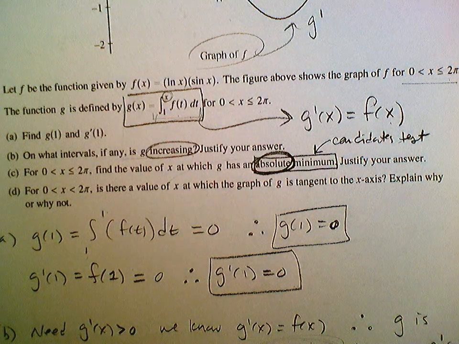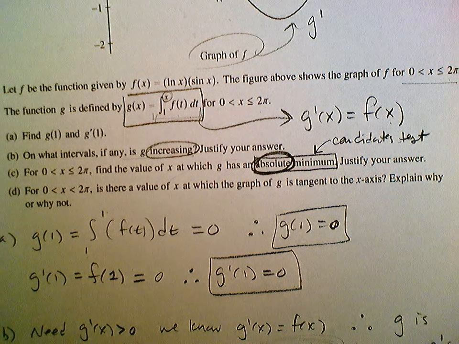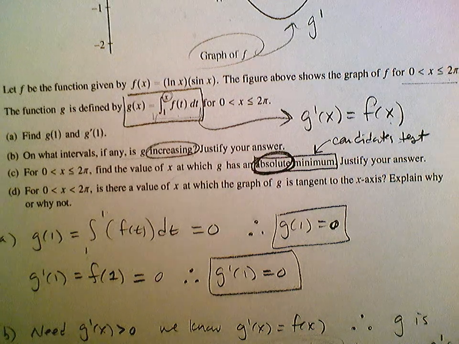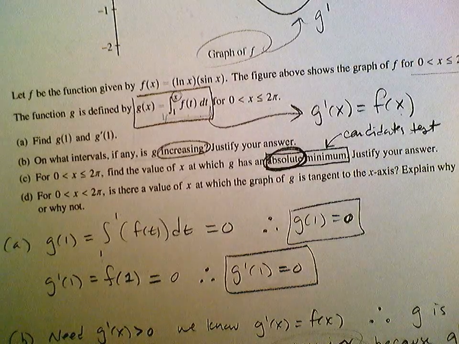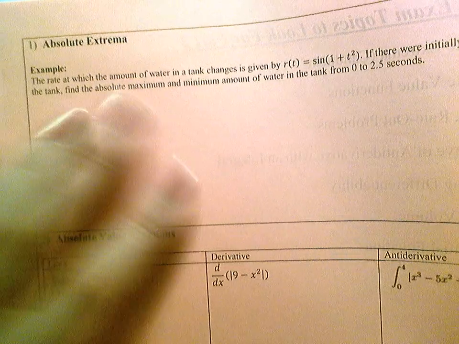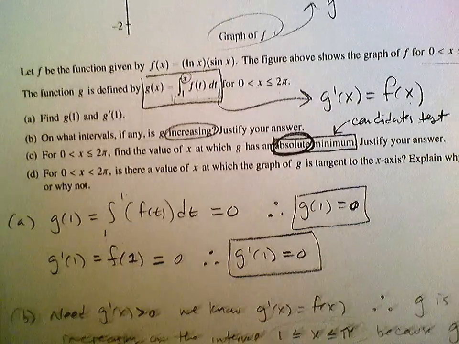And when I made these packets, I really tried to just focus on the things that I knew would benefit you. All right, so everything in this we really need to know. Okay, so the absolute extrema, here's an example of using the candidates test. I don't have it written down, but you took notes on that, so you could look at that if you'd like. But basically, we've got to go like this.